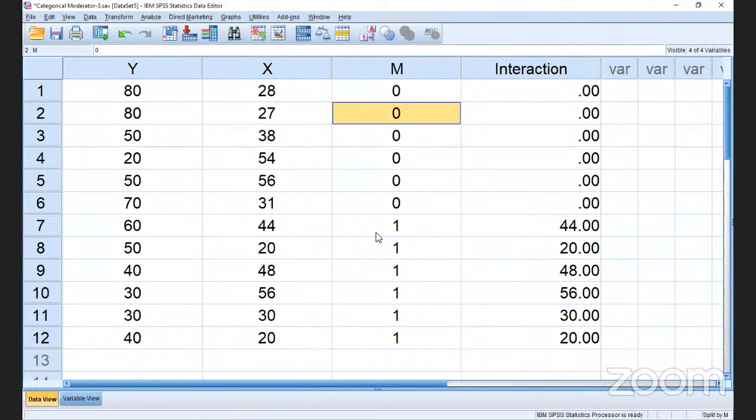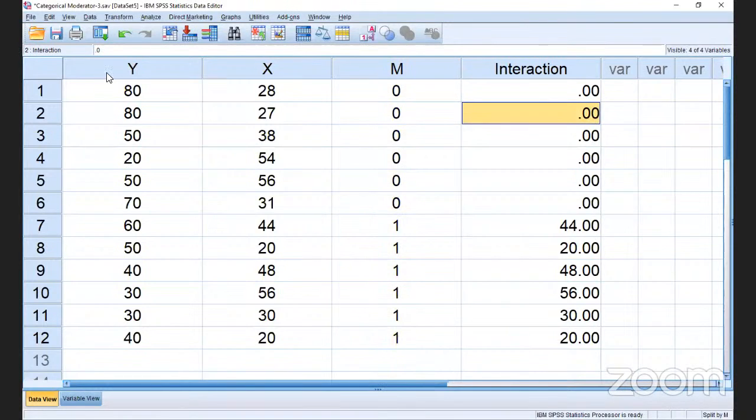How do we know whether our file is split or not? You can see in the lower right corner, it is written Split by M. M means this moderator variable.